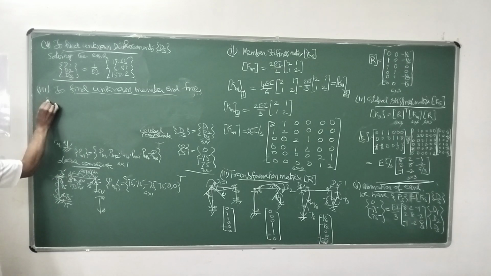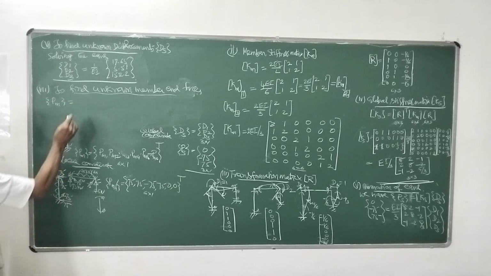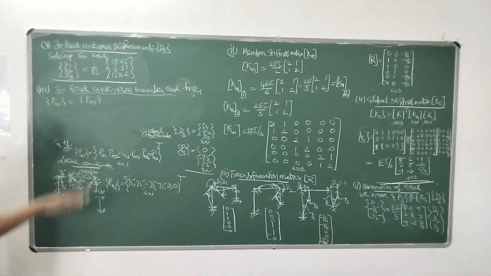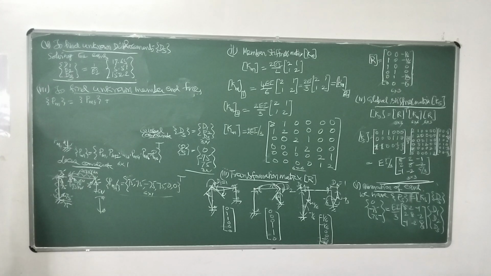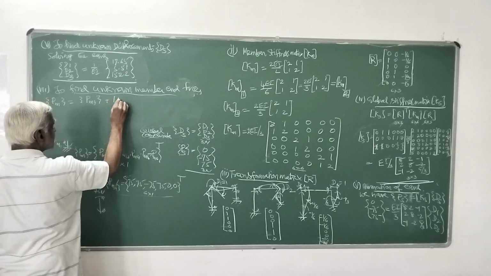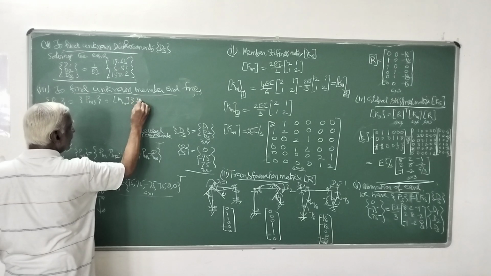I have already given the formula. The member-end force PM is given by PMF. That is, if there is a member load, then the corresponding PMFs that you have determined due to that member load and reaction, you have to add to these forces corresponding to the unknown displacements. That is, PMF plus Km into Dm.